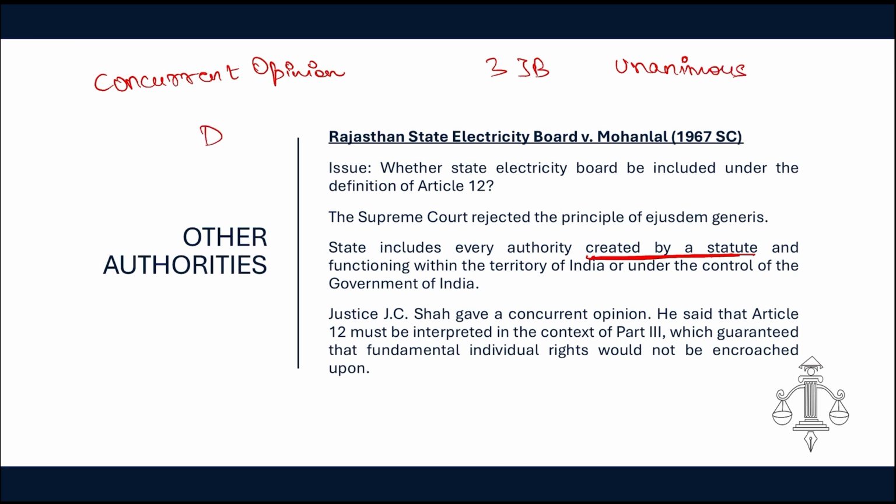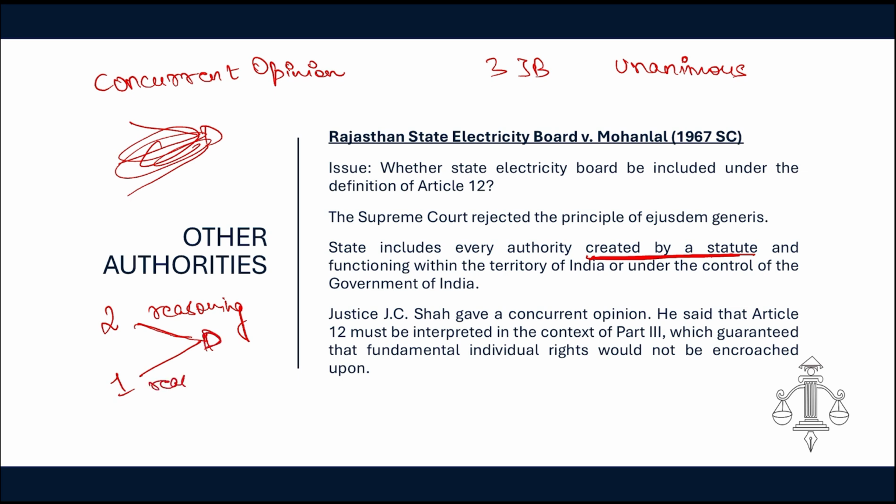Now this is the decision, there are 3 judges. 2 of the judges have reached this decision on the same reasoning, right, whereas one of the judges has reached the same decision but with a different reasoning.